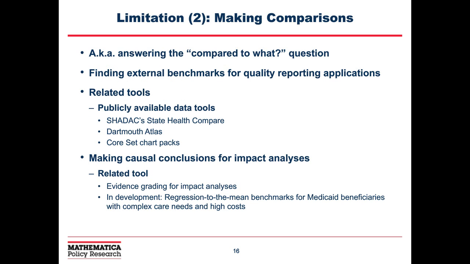A second challenge is making valid comparisons, or answering that very fundamental compared to what question. So one particular context of this is finding relevant benchmarks for quality reporting applications. So sometimes, as a researcher, you have on hand a way to create meaningful benchmarks internal to your own data resources, but often that's not the case.